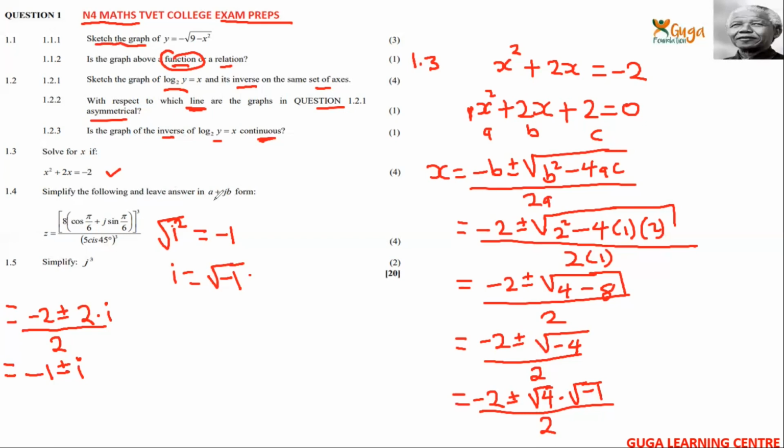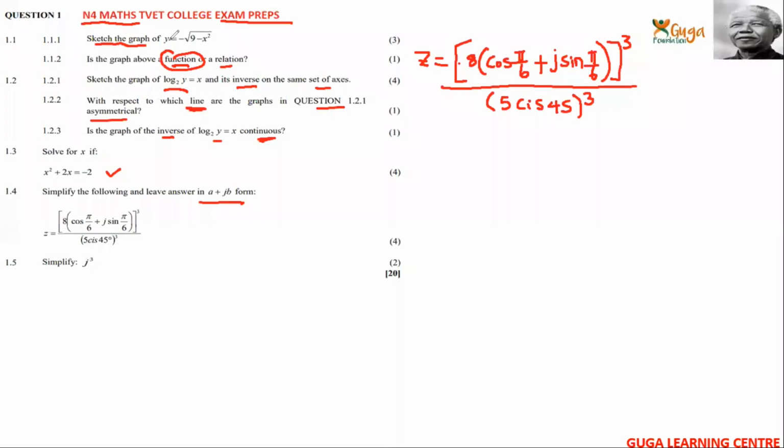Simplify the following and leave your answer in the form of a plus bj. Okay, so here you're given z is equal to 8 into cos of pi over 6, plus j sin pi over 6, all raised to the power 3, over 5 cis 45 to the power 3. Note that this is your real part and this is your imaginary part.